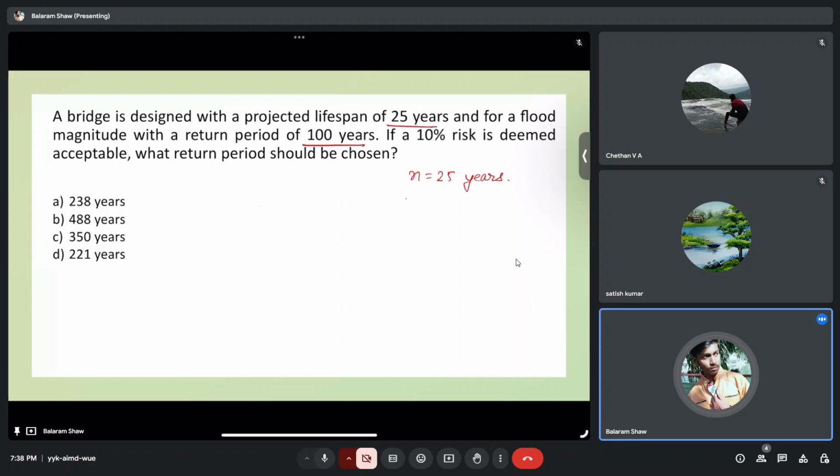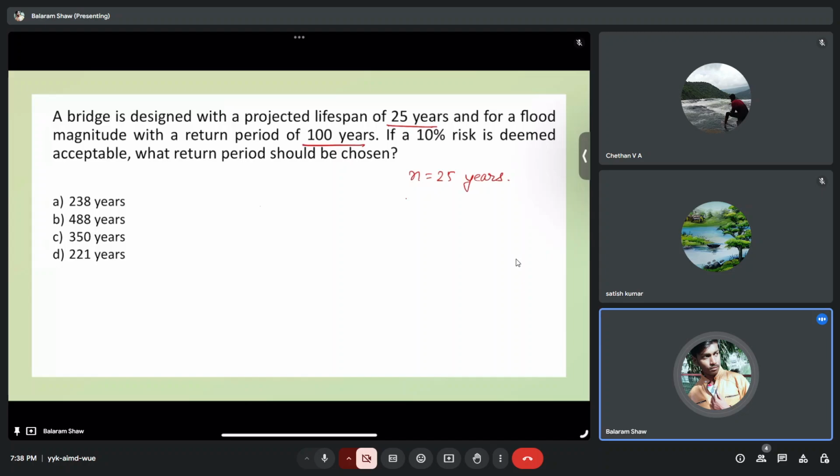Remember, these are simple limits you might have studied in 12th grade. It is given as 1 by e.